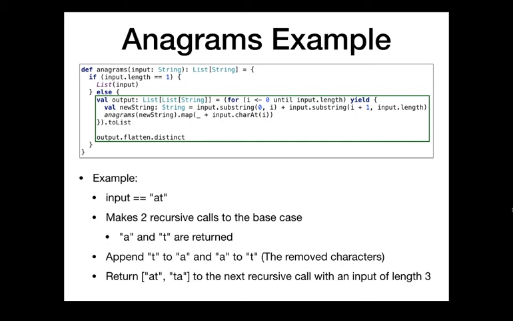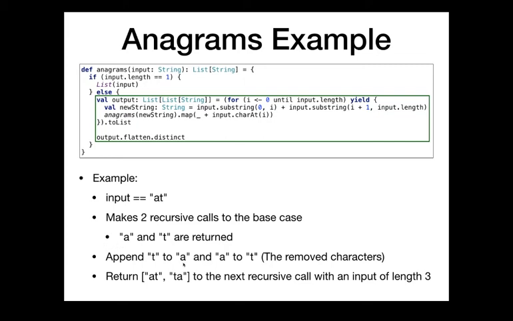So we're going to remove the letter A and make a recursive call, anagrams of the string T, and we're also going to remove T and make the recursive call on the string A. We're going to make those two recursive calls. Those both are just the base cases. So we're going to get those values back in lists, one containing just A and one containing just T.